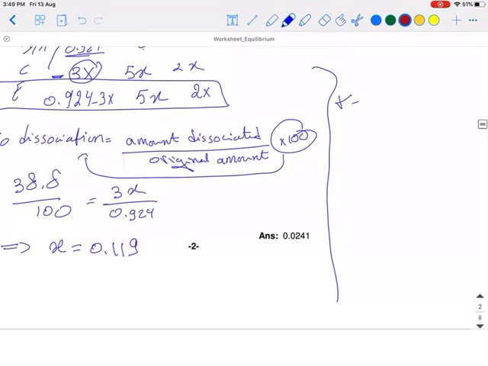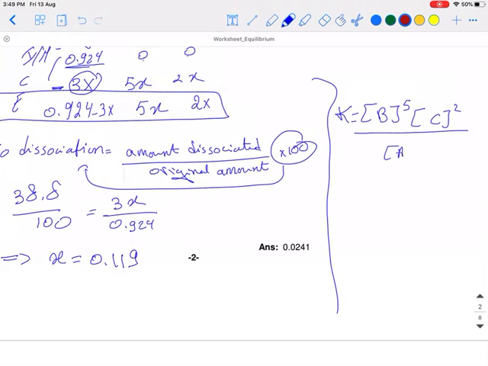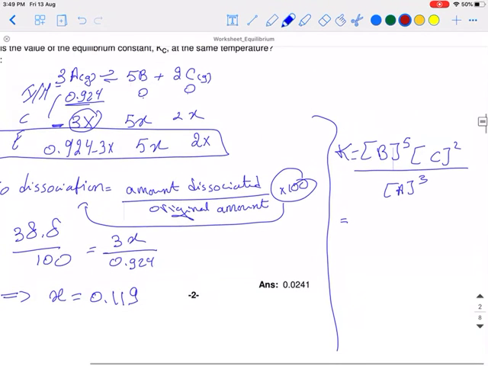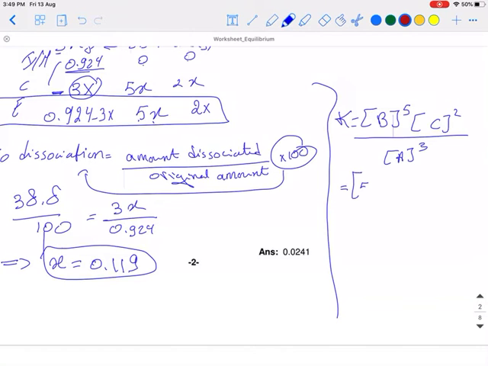Now we found the value of x, so it's easy to find K. From the equation, K equals the concentration of B to the power of 5 times C to the power of 2 over A to the power of 3. Now I will substitute. B is 5 times x, which is 5 times 0.119, all to the power of 5.